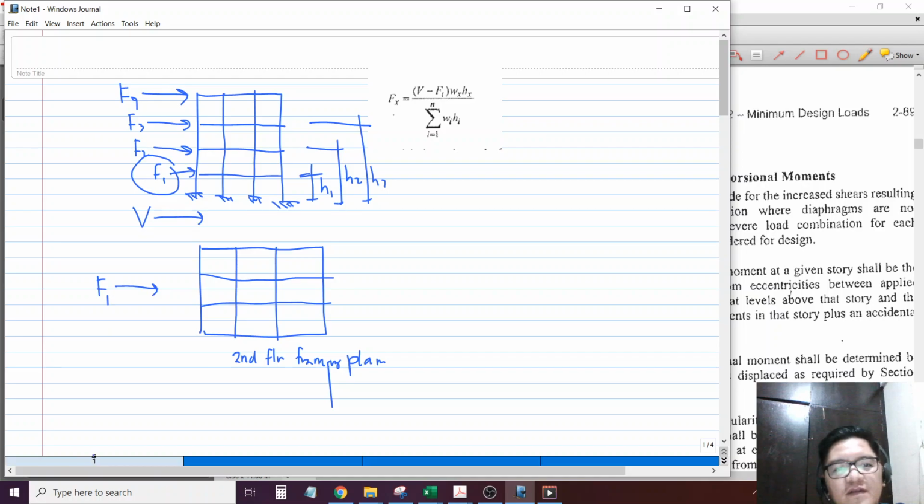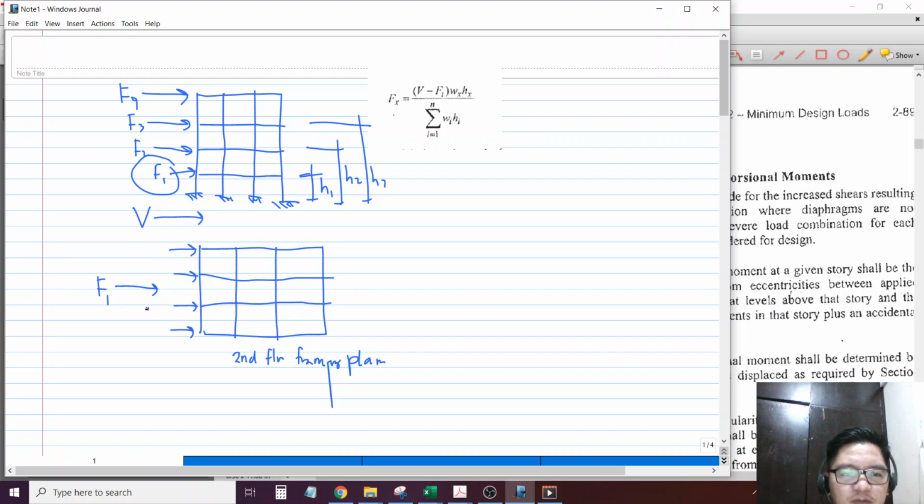You will notice, itong F1 na to, mag-act dito sa second floor. Siyempre, madi-redistribute yan per frame. So therefore, itong F1 na nakuha natin from this formula will be further distributed sa frames ng ating building, depende sa framing ng building mo. So ganun din dito sa third floor, fourth floor, and roof. You will do the same on each level.